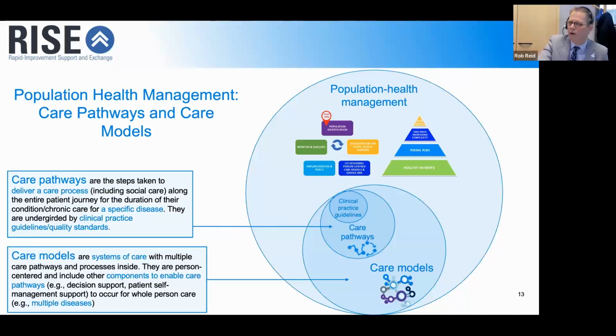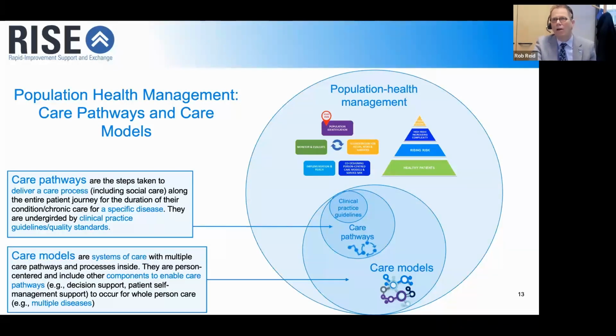And today we're going to be talking about persons with diabetes, those that are relatively stable, as well as those that have really substantial medical complexity because of a variety of additional medical conditions and social issues. And within the care models, we have embedded care pathways.